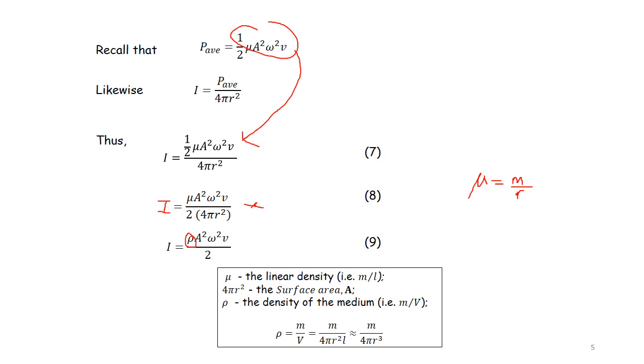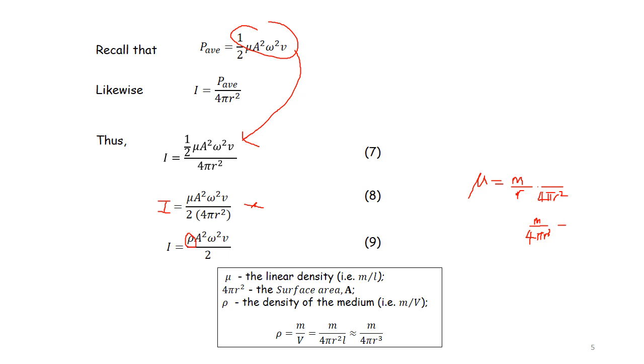So if you now have 4 pi r squared, the area of the unit surface, that means what now is m over 4 pi r cubed.